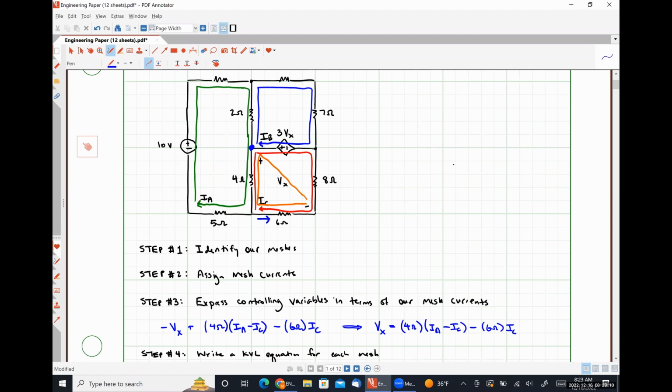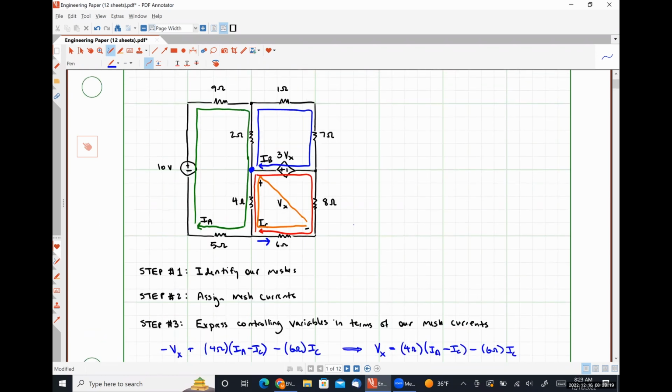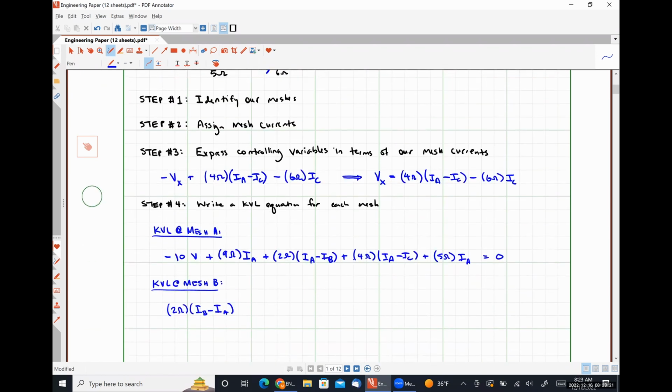IB minus IA, absolutely. Then we see the 1 ohm resistor. There's only a single current flowing through it, just IB.